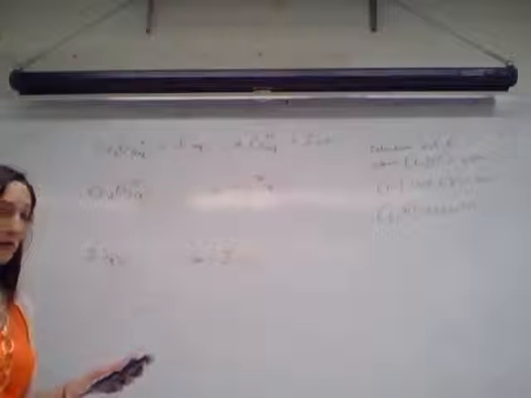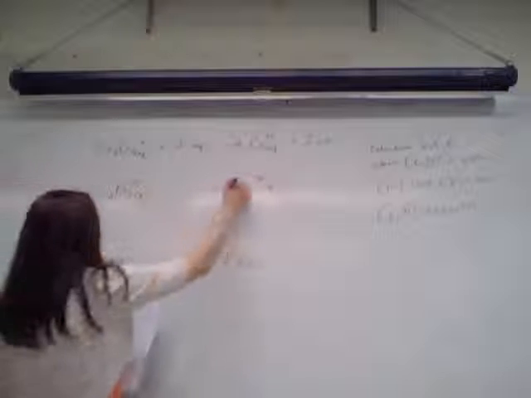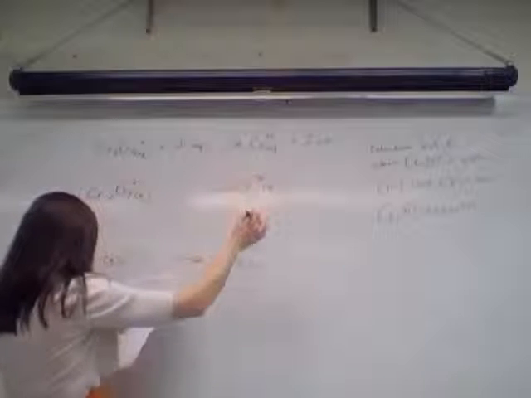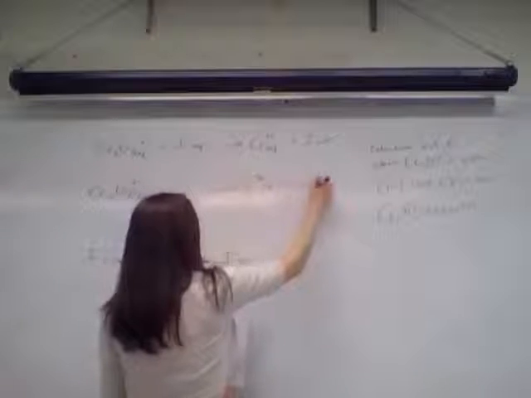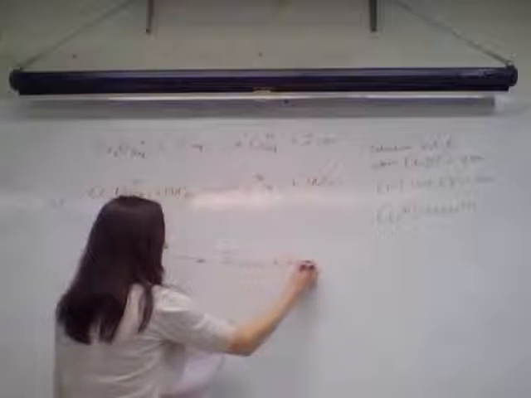Okay, so then we're going to go through the balancing process, and you already should know how to do this, so I'm just going to give you my final product here. So balance this, and 7 waters, and then we have 14 H pluses, and then that would be 6 electrons to balance charge. And balancing this thing, we've got a 2 over here, and 2 electrons over here.